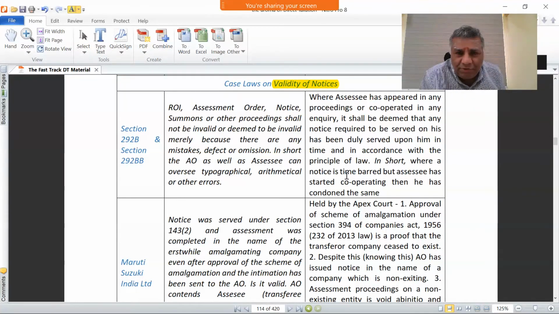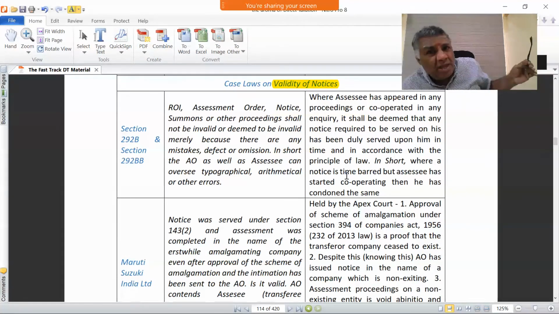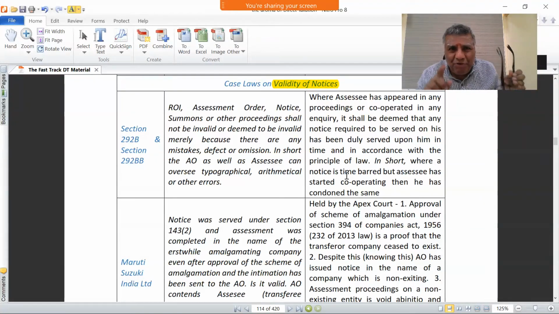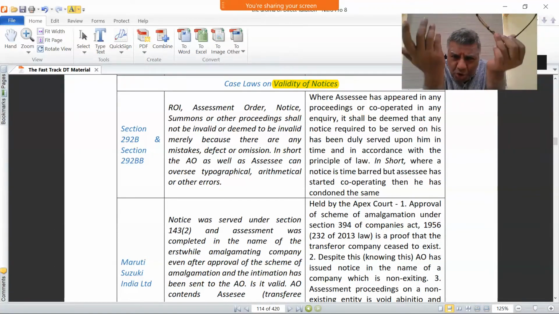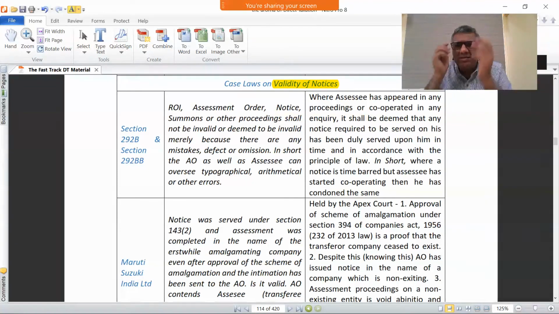If the notice is time barred, you must contend at the beginning itself. You cannot say, let me go and see, and if the judgment goes against me, at that time say the notice is time barred. Not possible. When you have started cooperating, it is deemed that whatever default is there in the notice, you have condoned and accepted.